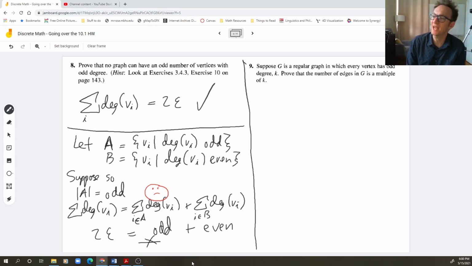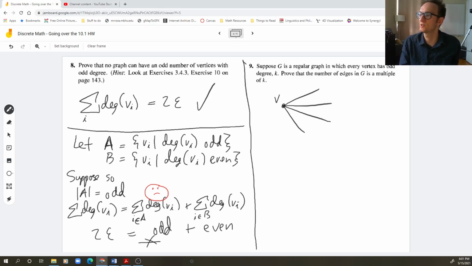Nine is just an application now, right? So that's maybe a powerful thing to know. Okay, suppose we have a regular graph in which every vertex has odd degree k. This is kind of interesting. Suppose we have n vertices in this graph.